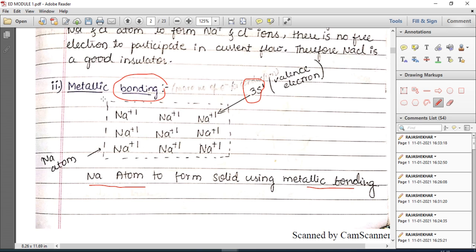So this is the role of metallic bonding if I choose sodium. Like this, we can also choose metals like iron and aluminium. All these are good conductors because they have free valency electrons in their outer shell.